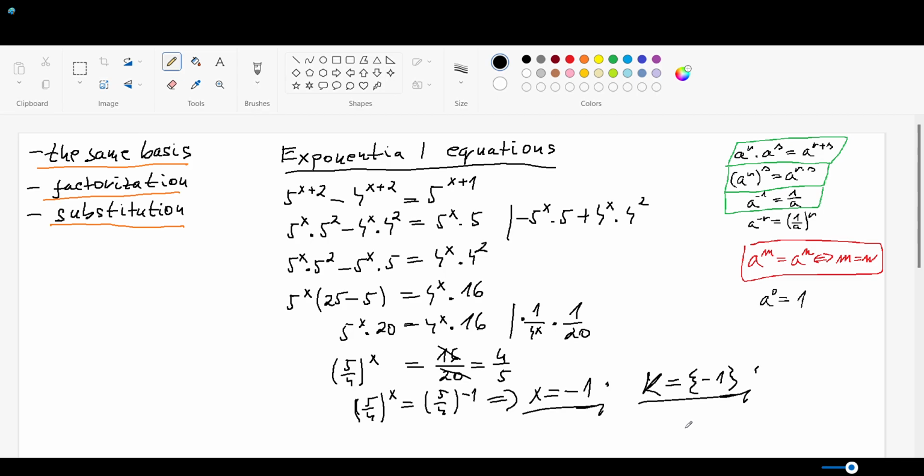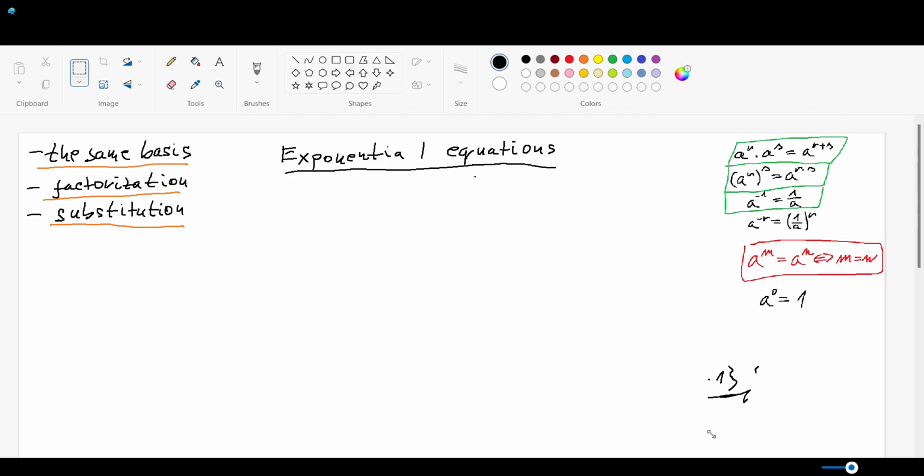I'm going to show you one more example in the next video, or as I have some time, let's do it here, because the next equation can be solved by factorization and then the same basis method, but in this case it's going to be a really little bit complex thing.